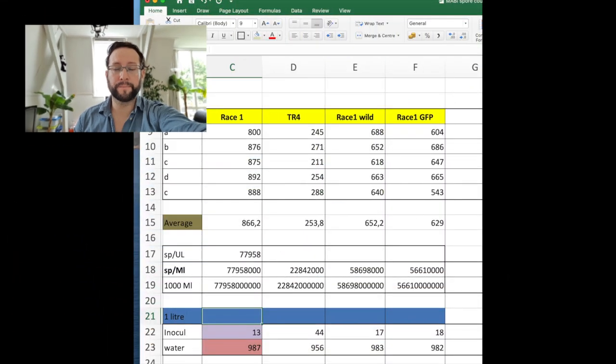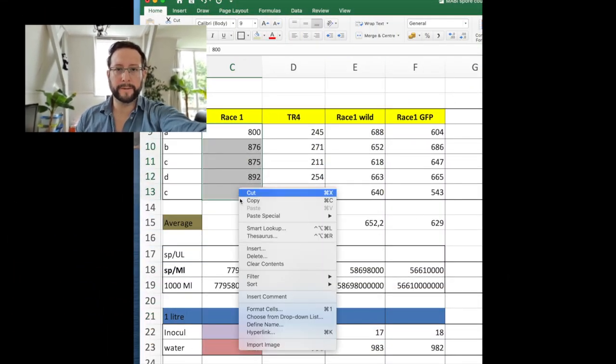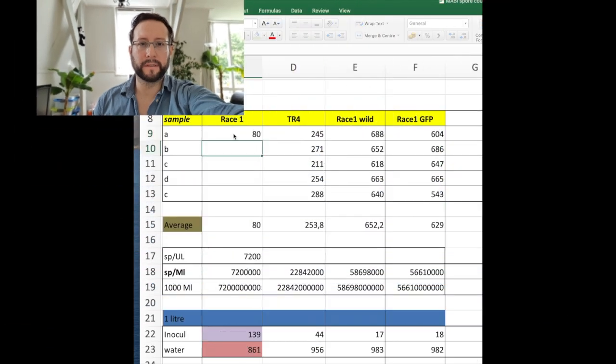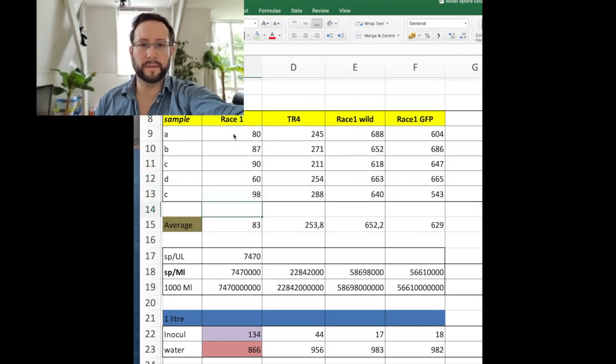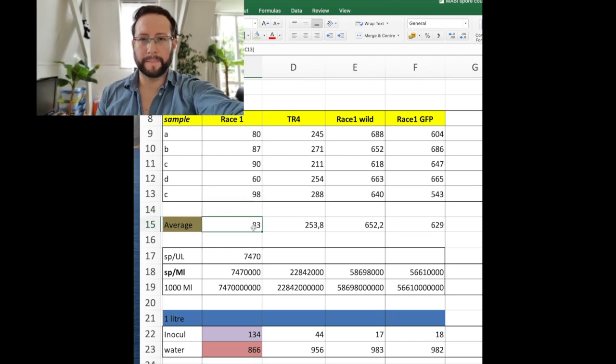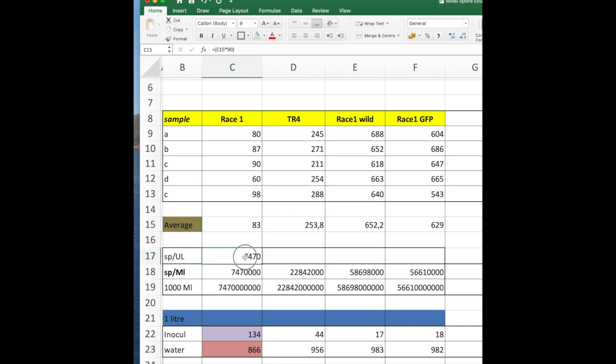So let's try again. Here we have our formula. As you can see, I'm going to delete the values here. Okay, and let's assume that we have this number of spores. So again, as you can see here, this is the average, and here this is the number of spores in one microliter.